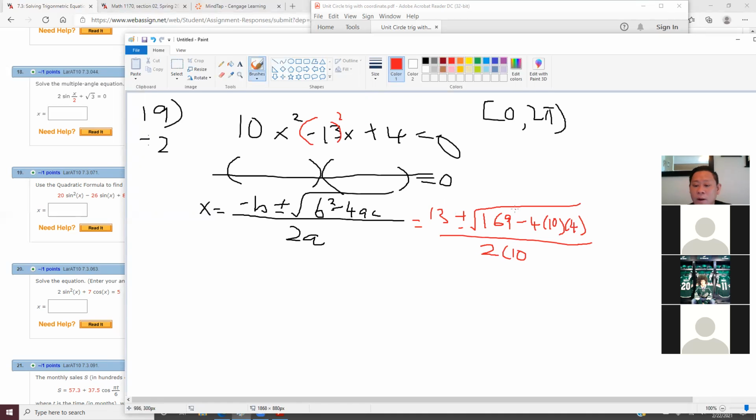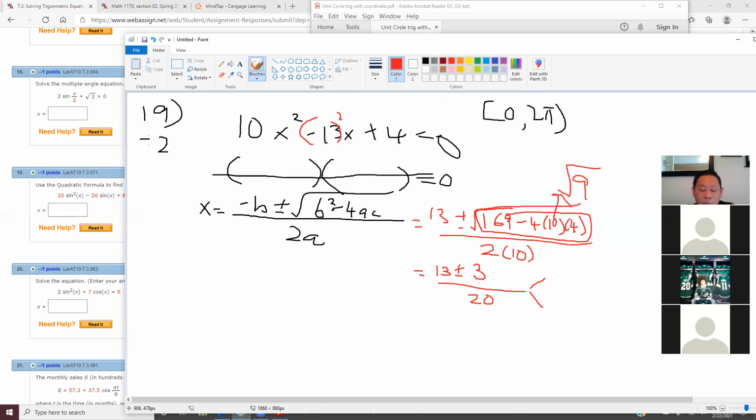Can someone figure out what this will be? You have to use a calculator. And 2 times 10 is 20, we know that. What is this going to be? 9. Yes. And what is the square root of 9? 3.